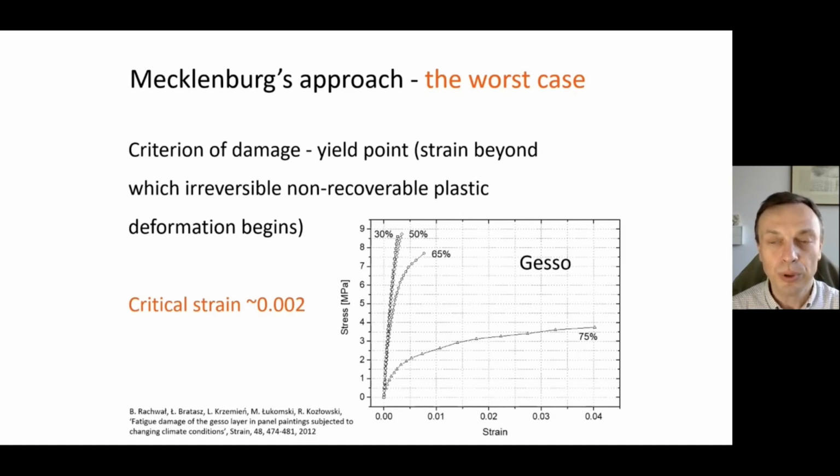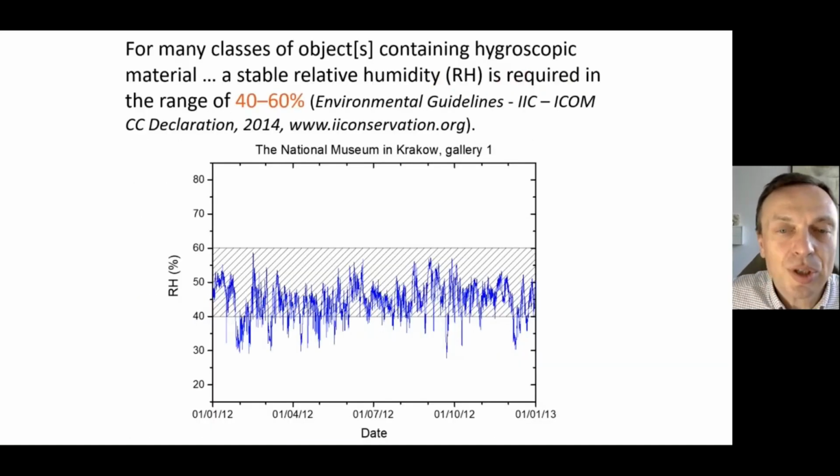The combination of the wood and the gesso at lower relative humidity is the worst case. Of course, gesso at higher relative humidity can be stretched significantly without cracking, but still the yield point, the point beyond which the irreversible plastic deformation starts, is more or less the same, and we assume 0.02. So let's use this information to evaluate the climate.